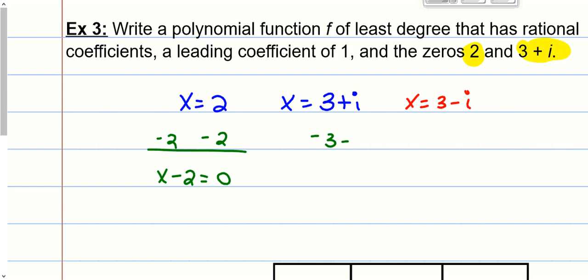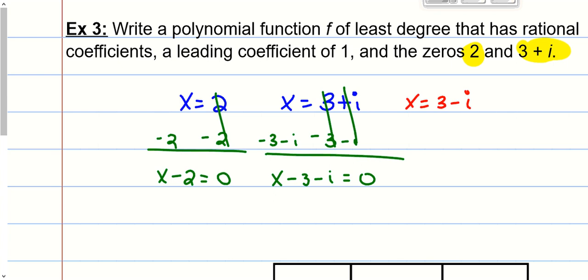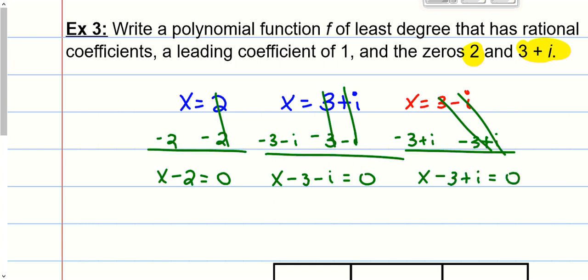Subtract 3, subtract i on both sides here, I would get x minus 3 minus i equals 0, because this right side, we're making it cancel. And again, subtract 3, add i on both sides here, so that 3 and i's cancel there. So x minus 3 plus i equals 0.